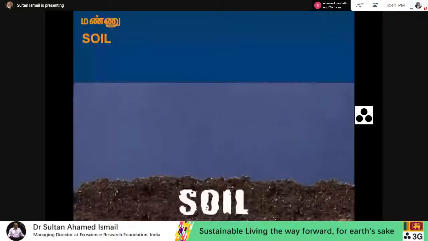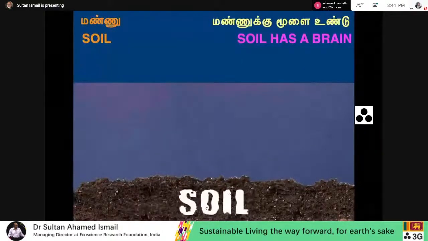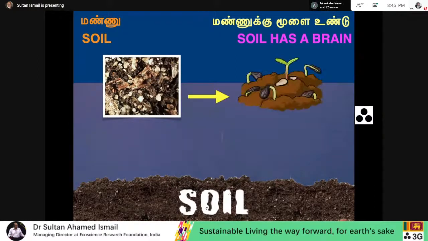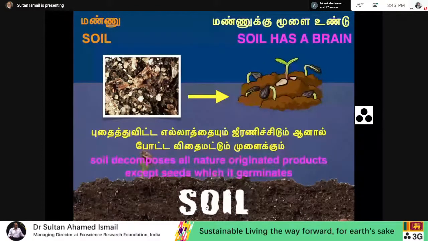Because when I started thinking whether soil has a brain, soil has a brain. You dig a pit and put any biomass, cow dung or straw or anything, it will decompose. It will form a compost. But you plant a seed, it germinates. A soil knows what to compost and what to germinate. So soil, logically speaking, has a brain.